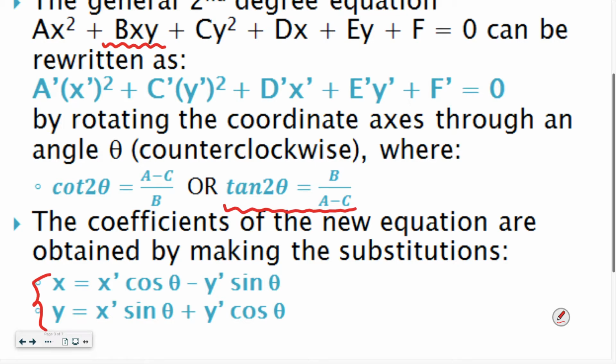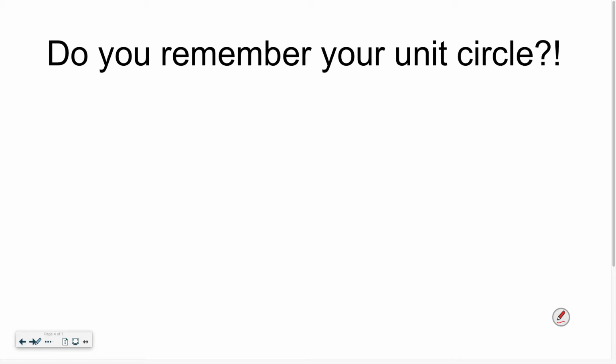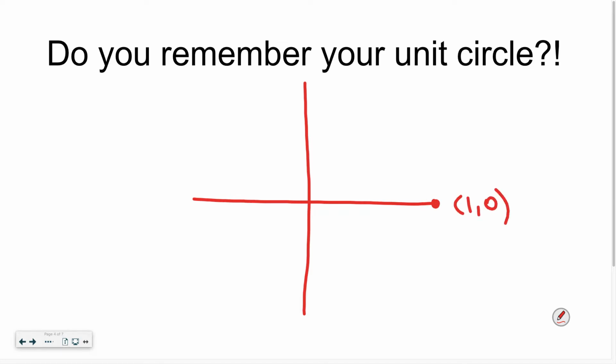Now, just because it's been a while, I am going to remind you about our unit circle. What's the coordinate right here? Which means the cosine of 0 is 1 and the sine of 0 is 0. Up here, the cosine of 90 degrees is 0, and the sine of 90 degrees is 1.